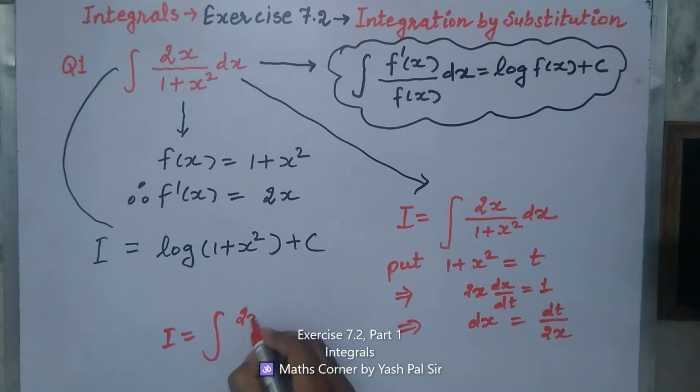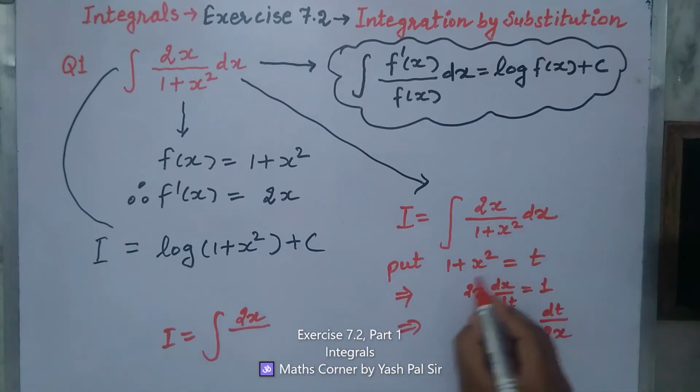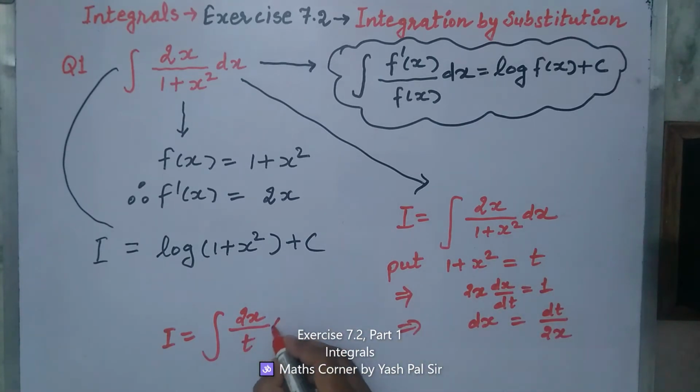So this I becomes 2x upon t, and dx means dt upon 2x. Now this 2x in the denominator and numerator is the same, so it gets cancelled. So we are left with integration of 1 upon t dt.